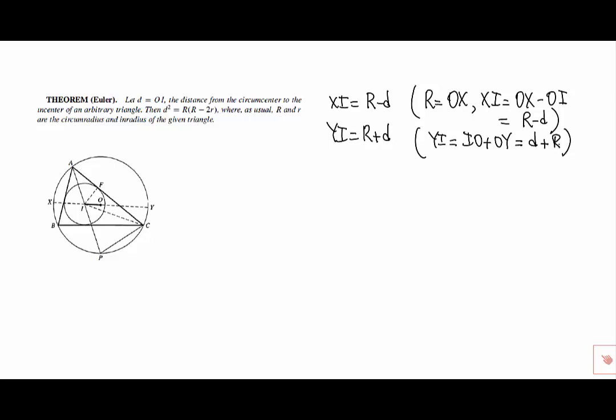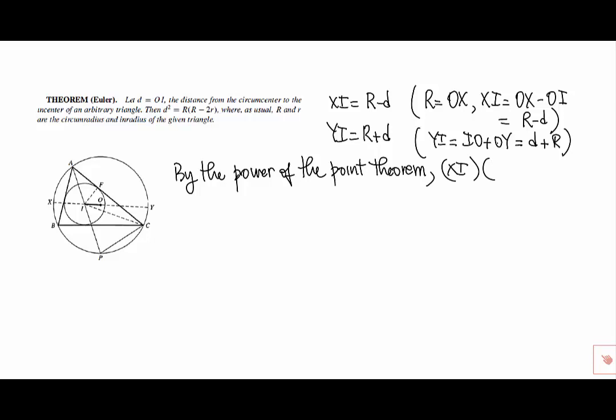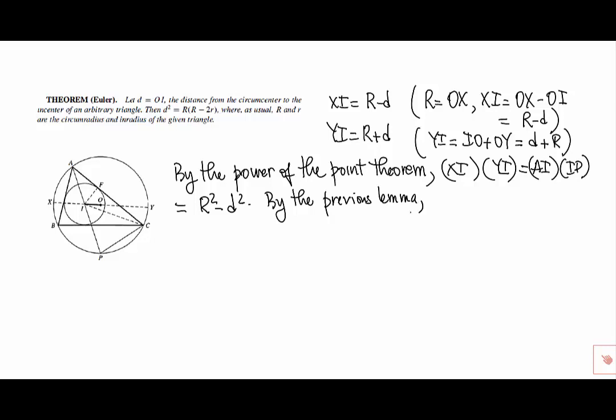Okay, now by the power of the point theorem, we have that the product XI times YI will be equal to that of AI times IP, which is going to be equal to R squared minus d squared, and by the previous lemma, IP is equal to PC.